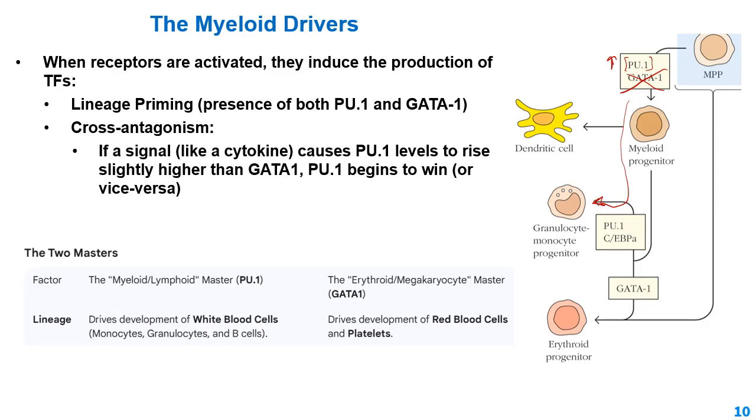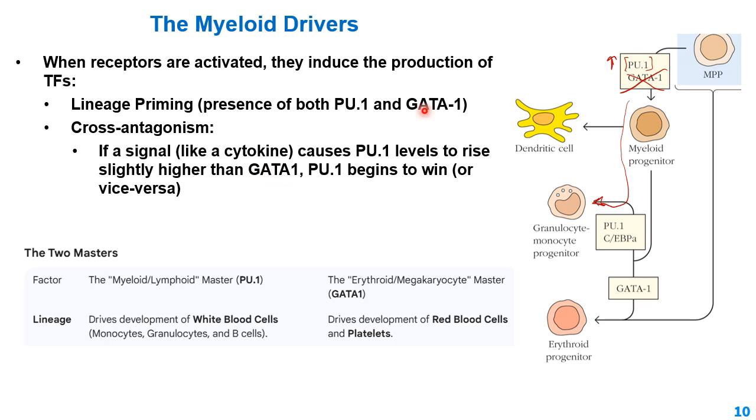Okay. So these two transcription factors are actually antagonistic. So if you favor PU1, then you are suppressing GATA1. Now, if instead of favoring PU1, you start favoring GATA1, that is going to have an antagonistic effect on the expression of PU1.